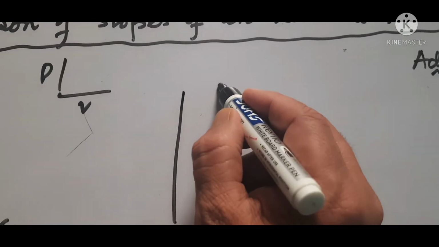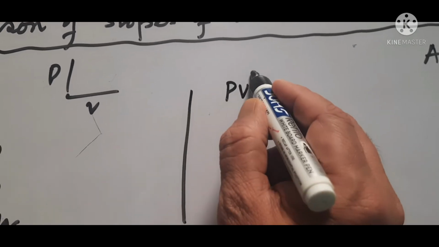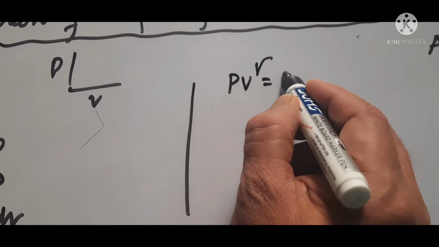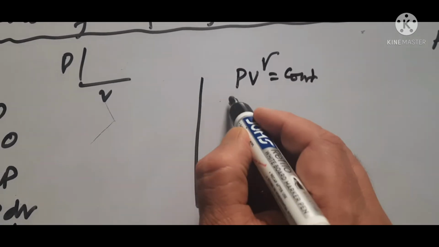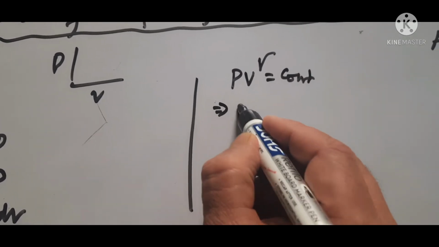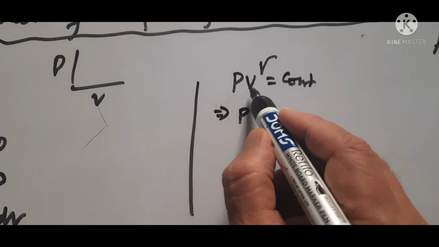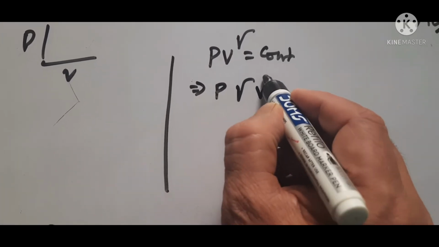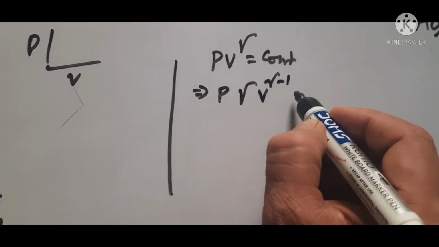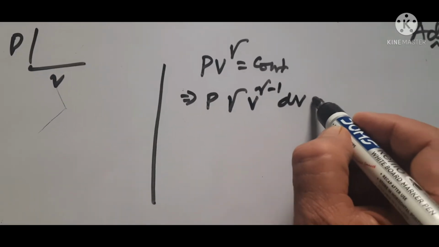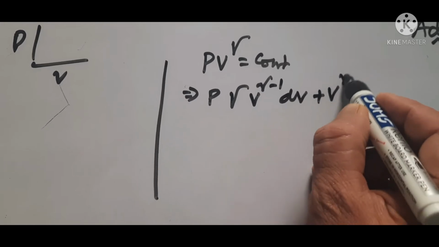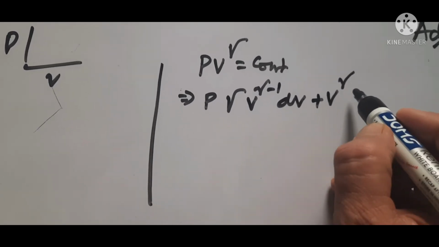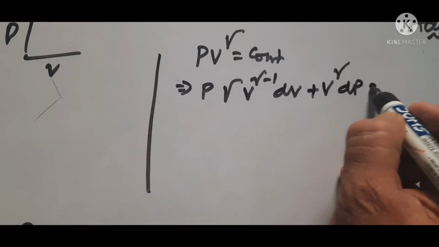Similarly, in case of the adiabatic, we are going to use the adiabatic equation, PV to the power gamma is equal to constant. Again, differentiate. The differentiation of V to the power gamma is gamma V to the power gamma minus 1 into dV, plus V to the power gamma as it is, and dP is equal to 0.